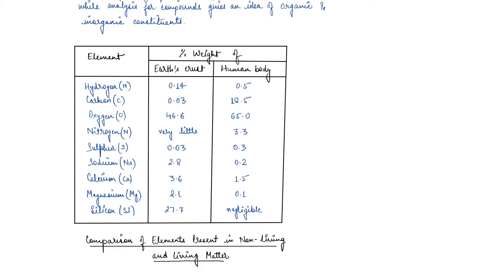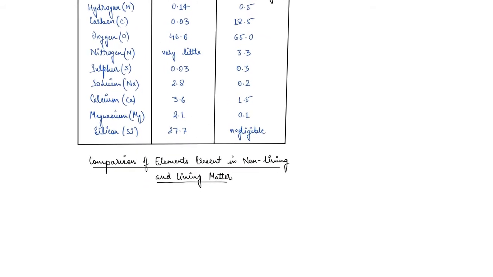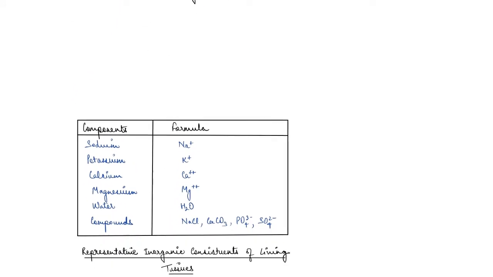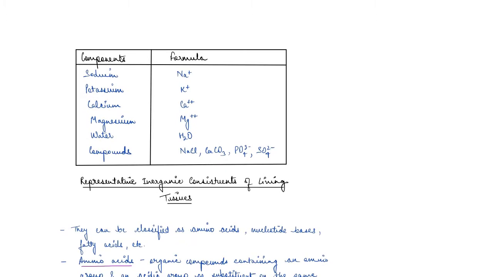There are a lot of elements mentioned here, and these contribute to both Earth's crust, which is non-living matter, and the human body, which is living matter. It can be very little or negligible, or it can be very high, as in the case of oxygen in the human body being 65% weight. So many different types of elements are involved in both living and non-living matter.